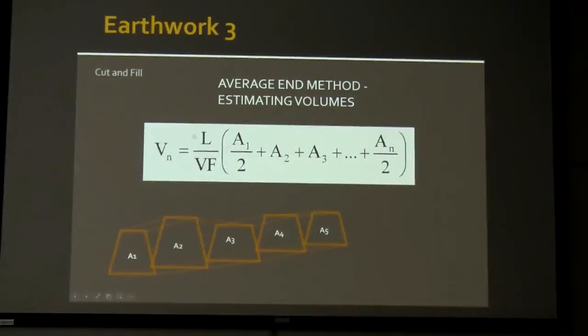In this particular case, of course, we know L is the distance between the two areas. We're going to assume that the areas are of equal length. They have to be of equal length to use this formula. In other words, the distance from A1 to A2 is equal to the distance from A2 to A3, equal to the distance from A3 to A4, and A4 to A5.